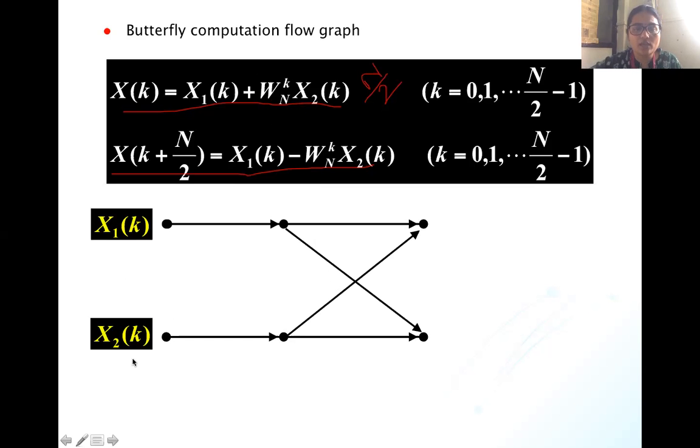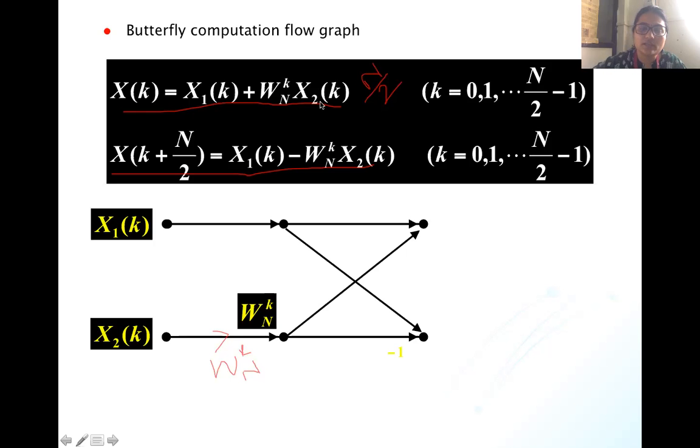X1 of k and X2 of k are the inputs. X2 of k is multiplied by the twiddle factor W raised to k suffix N, and then the two points are added here. So we get the equation X1 of k plus W raised to k suffix N into X2 of k.